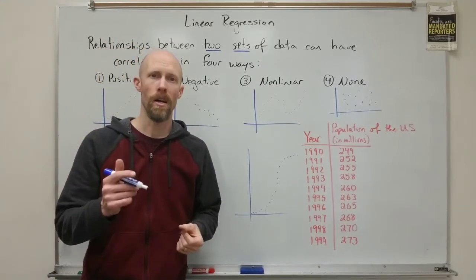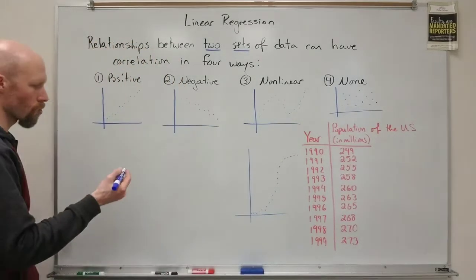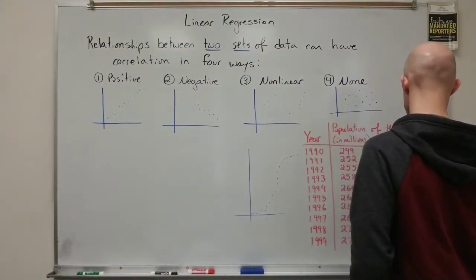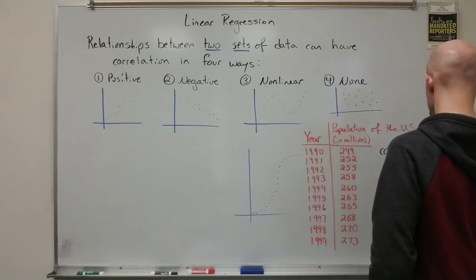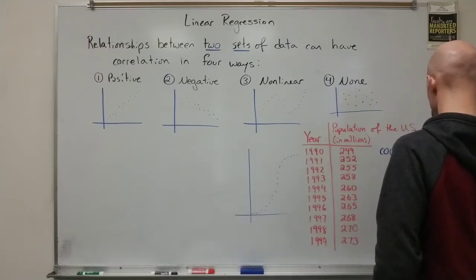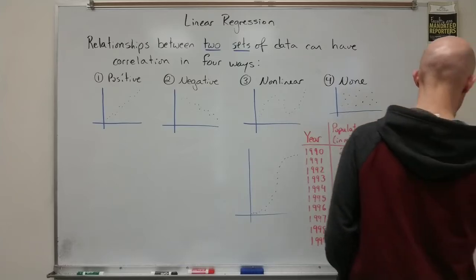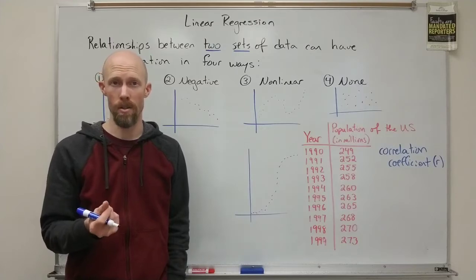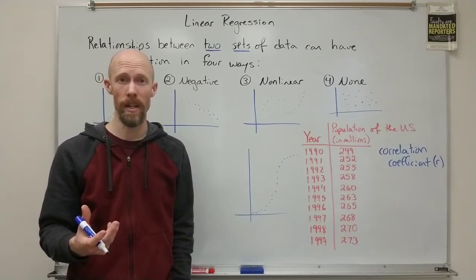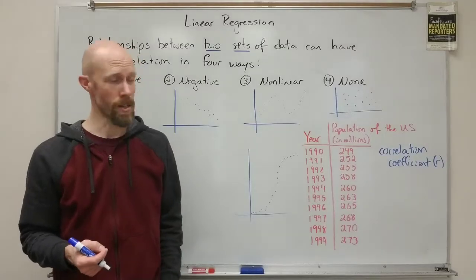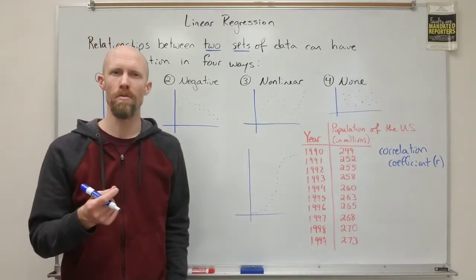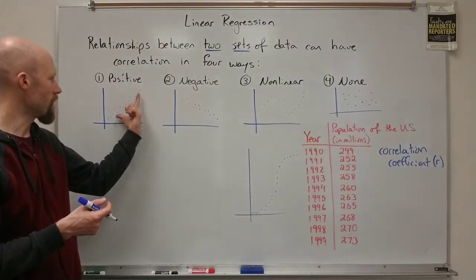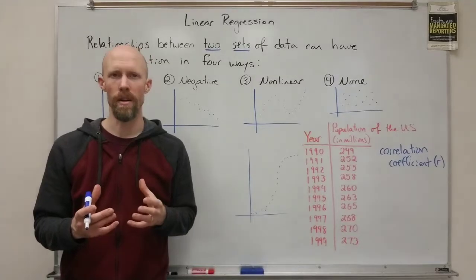Before I do that, actually, one other thing is there's something called a correlation coefficient. Maybe I'll write this up here. We use the letter R to represent the correlation coefficient. It's actually a statistical value that can be calculated either by hand or with technology. And it's a measure of how tightly the data fits a linear trend, okay?